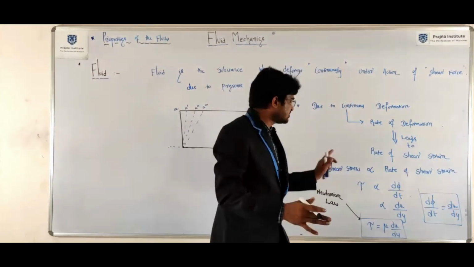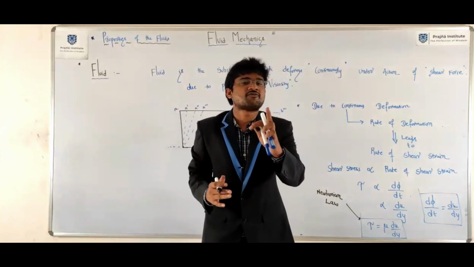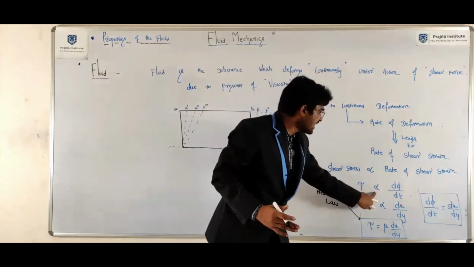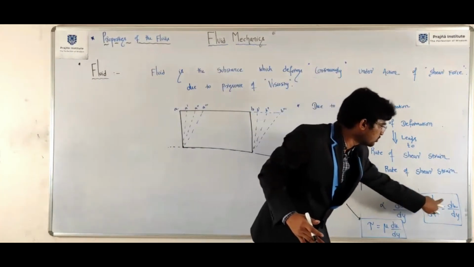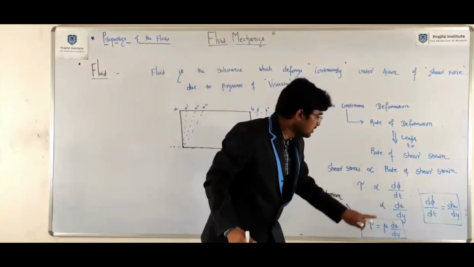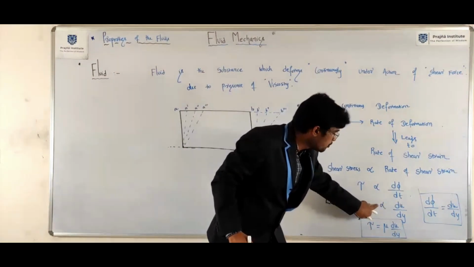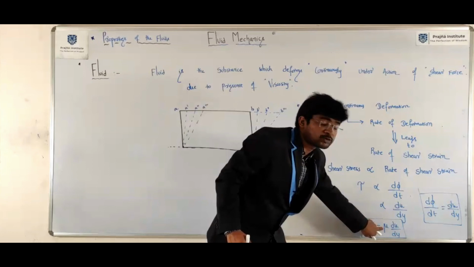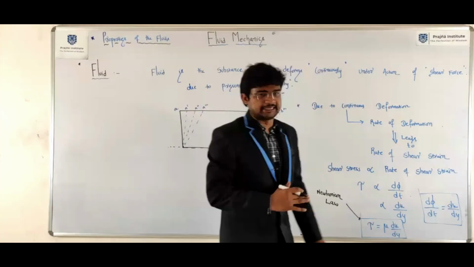That is why shear stress is directly proportional to rate of shear strain in case of fluids. Rate of shear strain equals velocity gradient, so tau is directly proportional to du by dy. Removing the proportionality with a proportionality constant, that is dynamic viscosity.